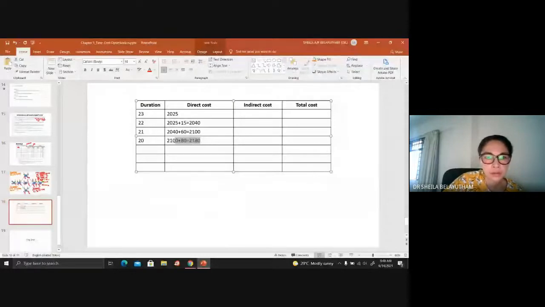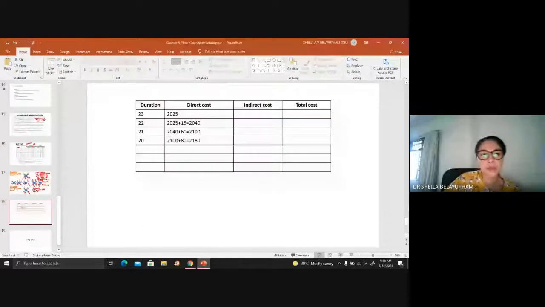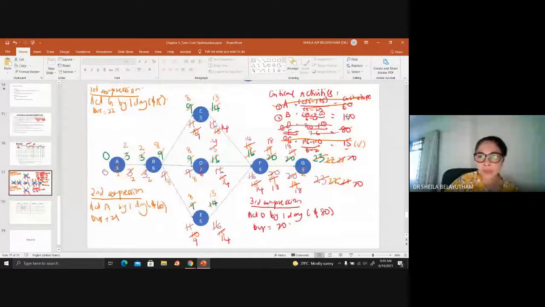Because it requires you to have the minimum, if we did not mention minimum direct cost, then you can put any figure. But normally, if you are talking about time cost optimization, our aim is to start with the minimum cost until the maximum crash cost. That is the reason we have this cost slope.